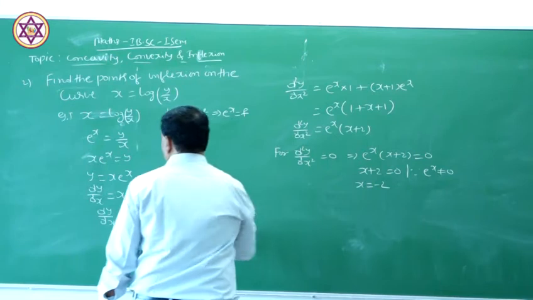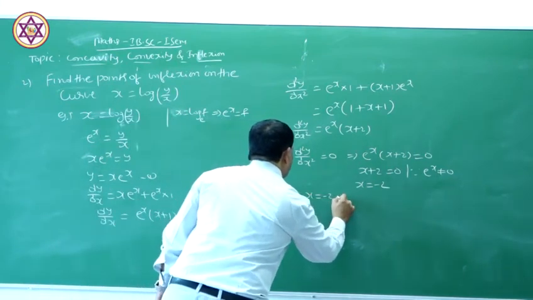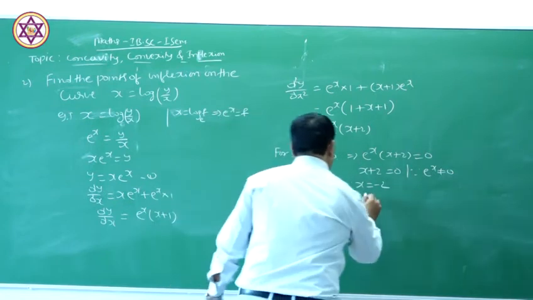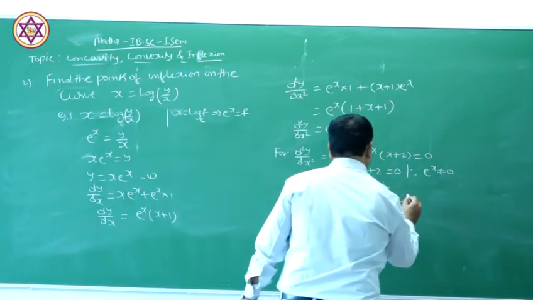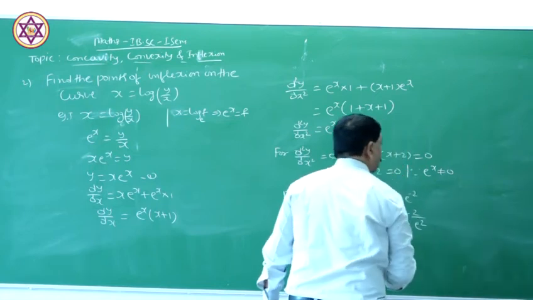Next, put x is equal to minus 2 in equation 1. So y is equal to minus 2 e power minus 2, therefore minus 2 divided by e square.